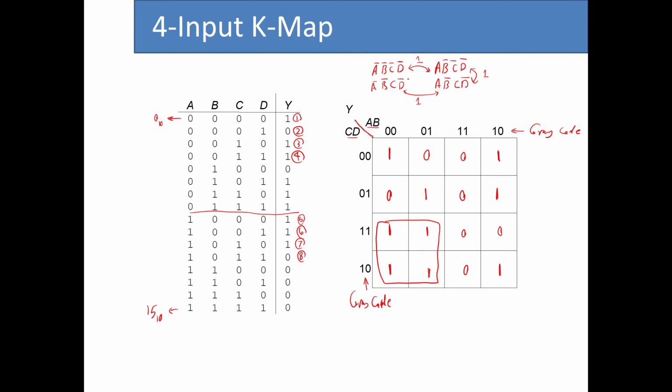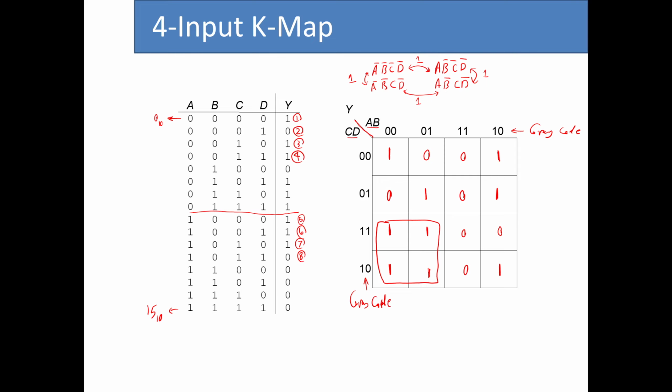And finally, when you go from the bottom left corner to the top left corner, again, you only have one change. Only the value for C is changing, while A, B, and D are the same. We have A bar in both, B bar in both, and D bar in both, but the value for C changes from C bar to C.